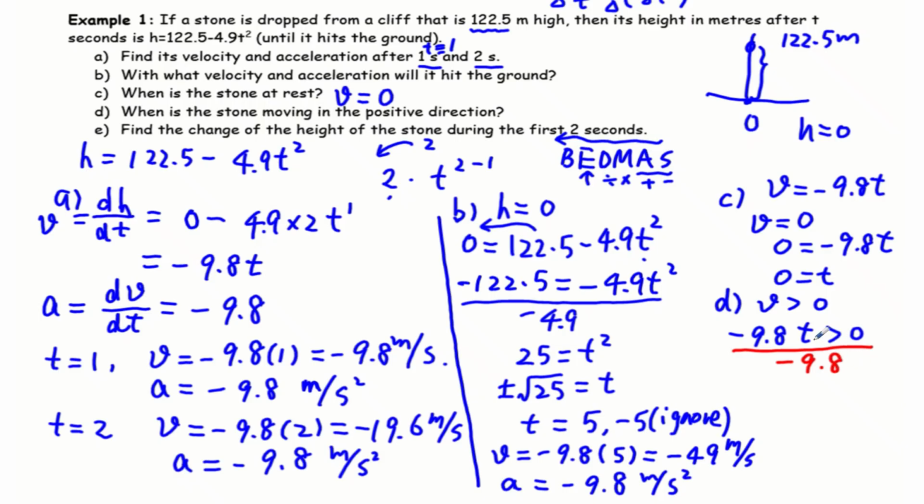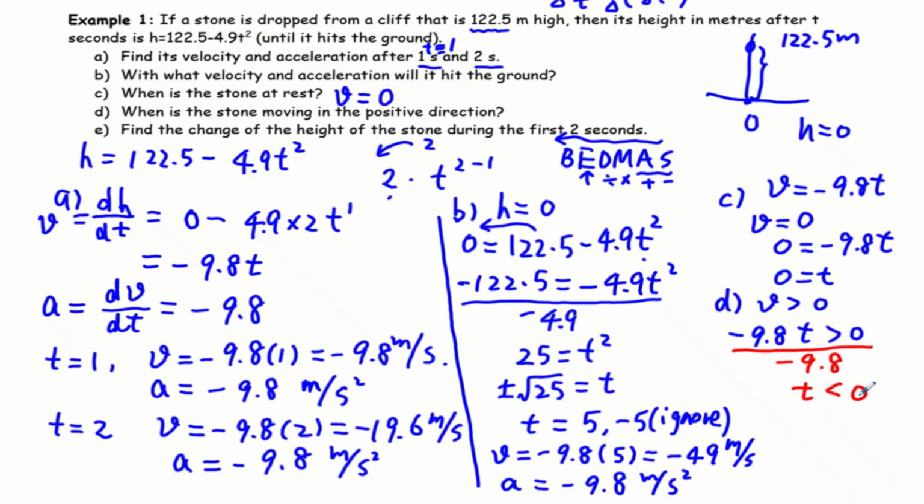So for an inequality, how to solve it is the same as an equation. The only difference is when you multiply or divide by a negative number, you switch the sign. Other than that, everything is the same. So you divide by negative, you switch the inequality sign to this one.